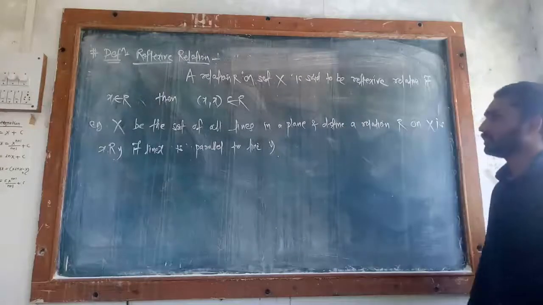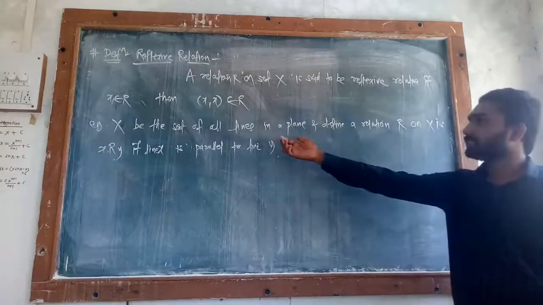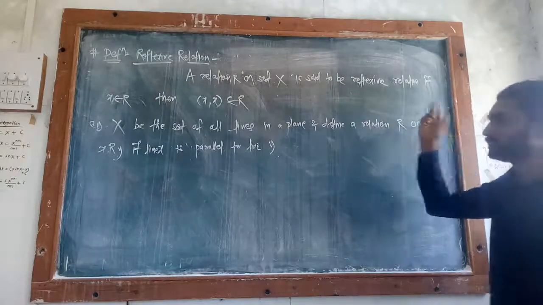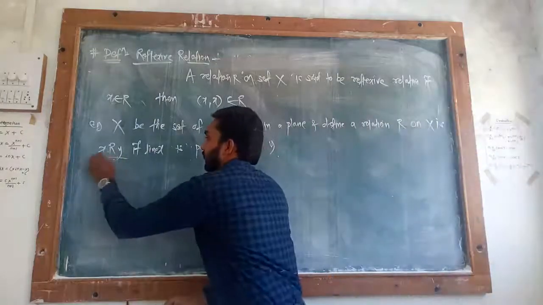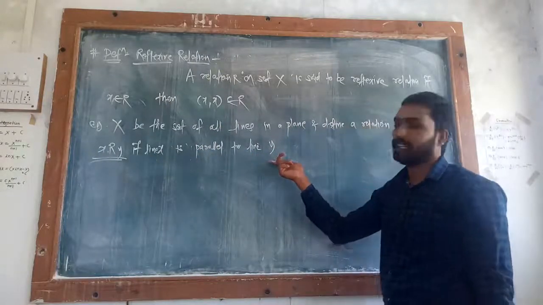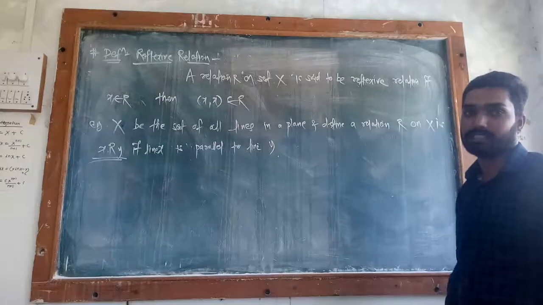What is the relation defined? X is the set of all lines in the plane. We have defined a relation R on set X. How to define the relation? x is related to y if line x is parallel to line y. This is your relation.